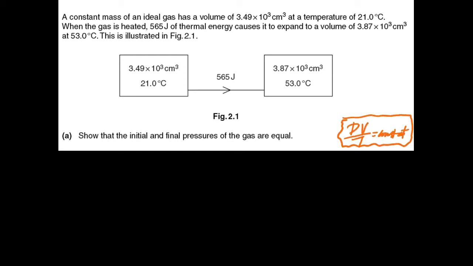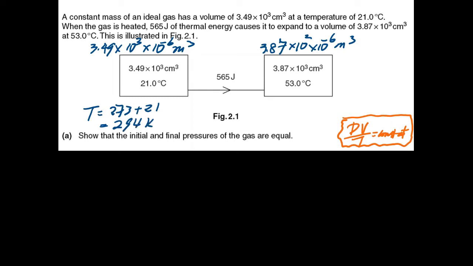And we need to convert cubic centimeter into cubic meter. That is 3.49 times 10 to 3 times 10 to minus 6 cubic meter. Similarly, 3.87 times 10 to 3 times 10 to minus 6 cubic meter. And the temperature, 273 plus 21, that is 294 Kelvin.